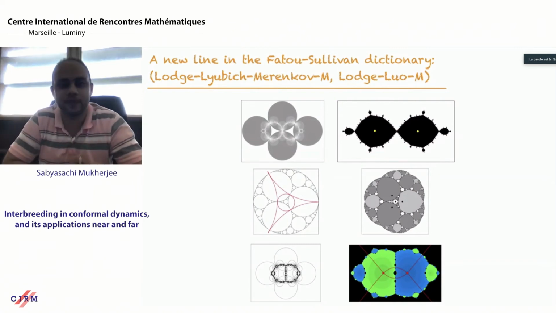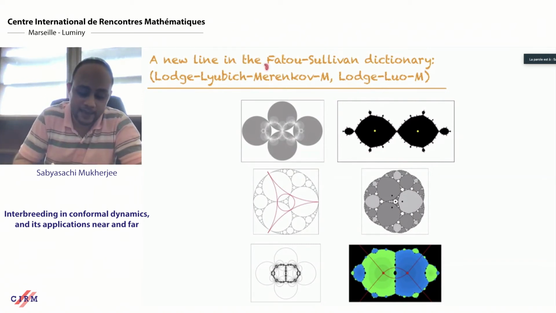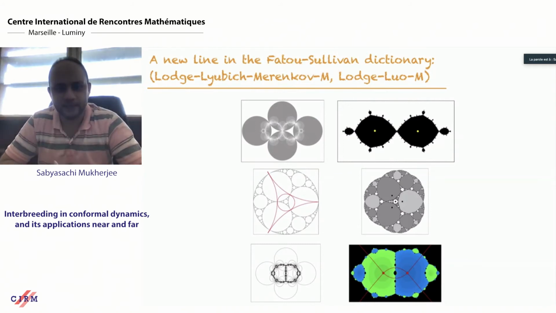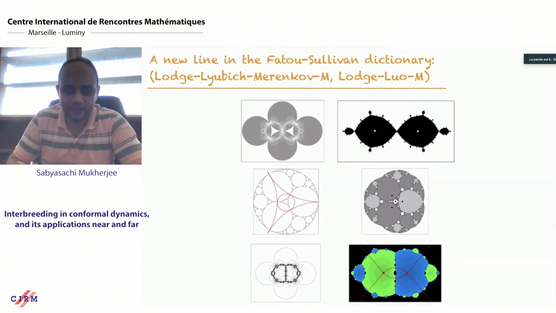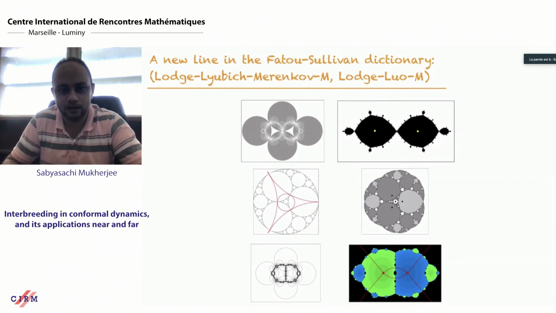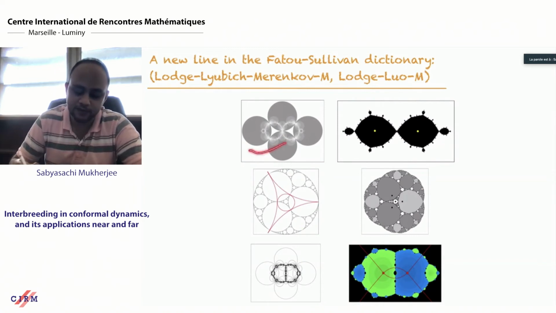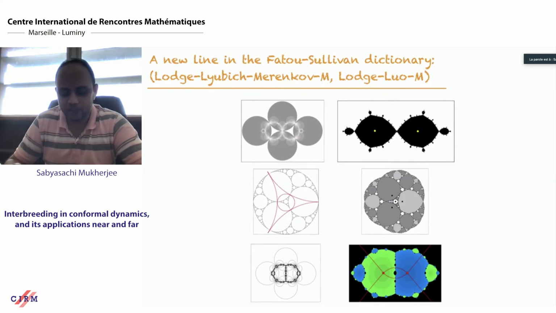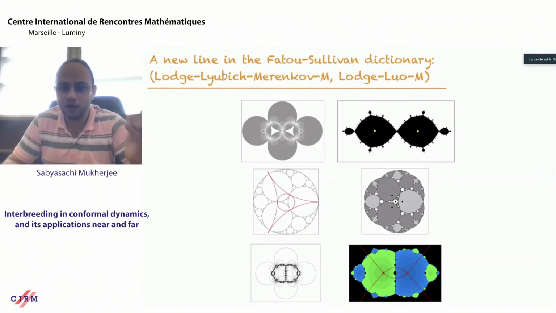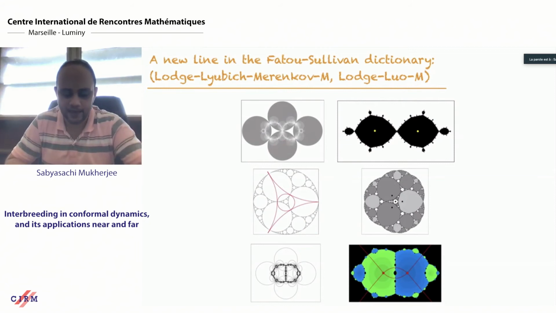The reason I'm saying this is that he actually foresaw this way before Sullivan entered the picture. Now, of course, we know that there are similarities between these fields, and much has been said about the connection between them in this conference. The thing that I want to say is that in very special cases, in the case of kissing reflection groups, this dictionary or this connection between Julia sets and limit sets is not just visual, it's a precise dynamical link.